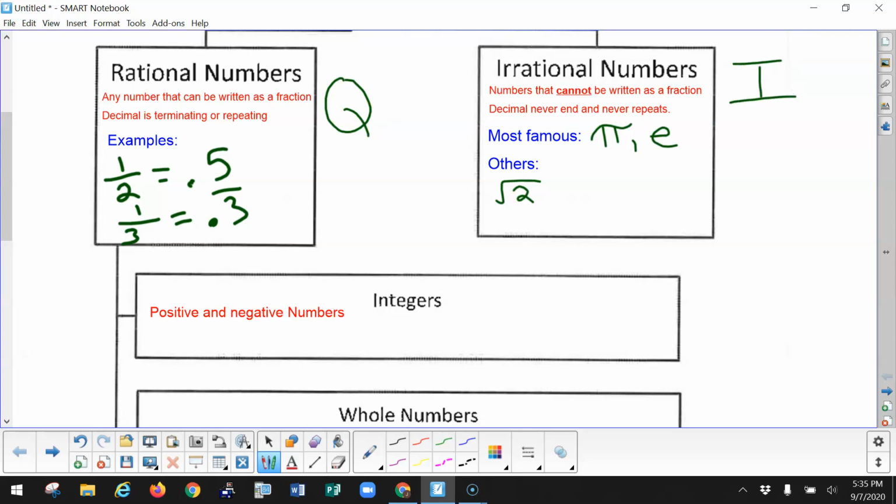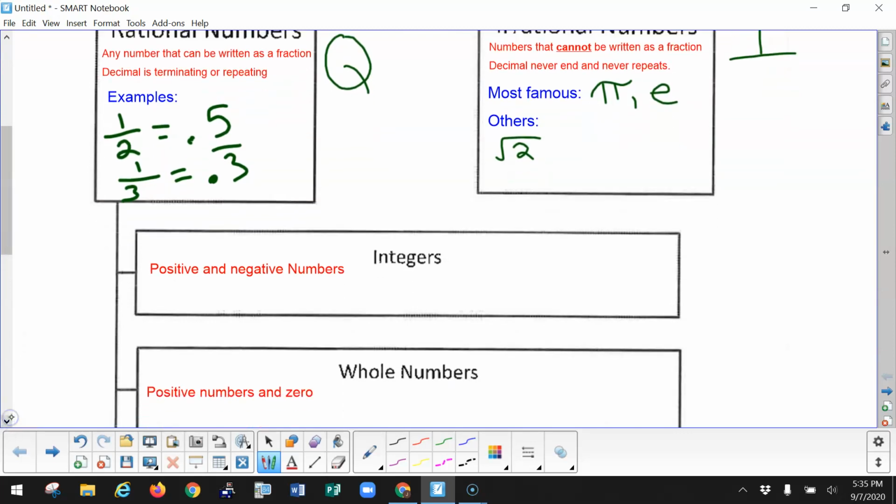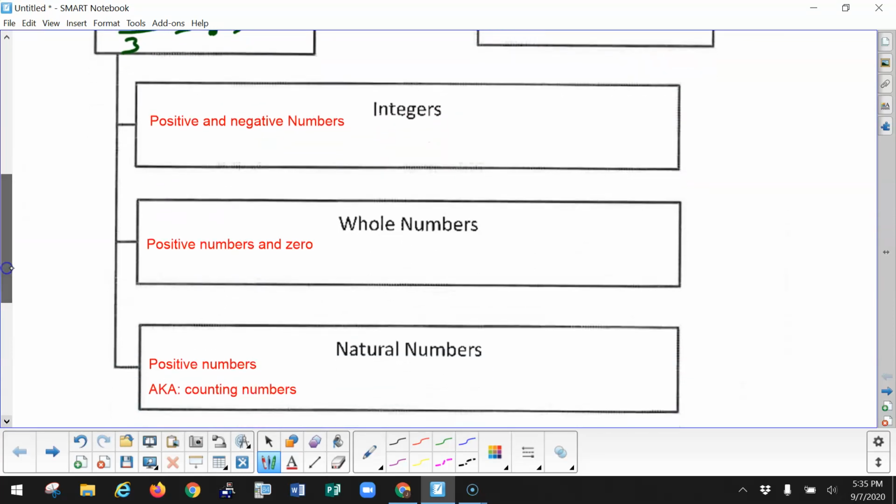Moving down to our integers. Our integers are just our positive and our negative numbers. The way I usually think about integers is if I was going to draw a number line, these are the numbers that I would put on my number line. So it's all the positive and negative numbers, and they go to infinity, from negative infinity to positive infinity.